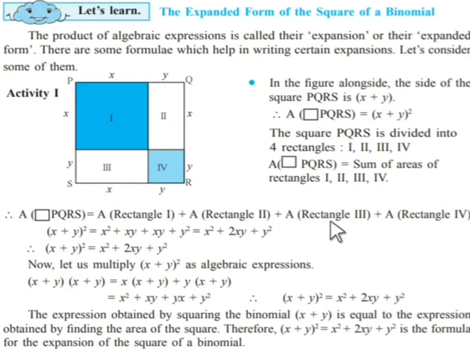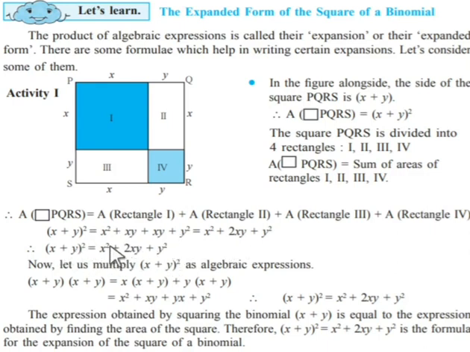Therefore the area of rectangle 3 is also xy. Now if you look at part 4, it is a square having side y. Therefore the area of that part is y square. Now if you look at this step, you are getting the like terms, xy plus xy, that is 2xy. So you will get x plus y whole square is equal to x square plus 2xy plus y square.